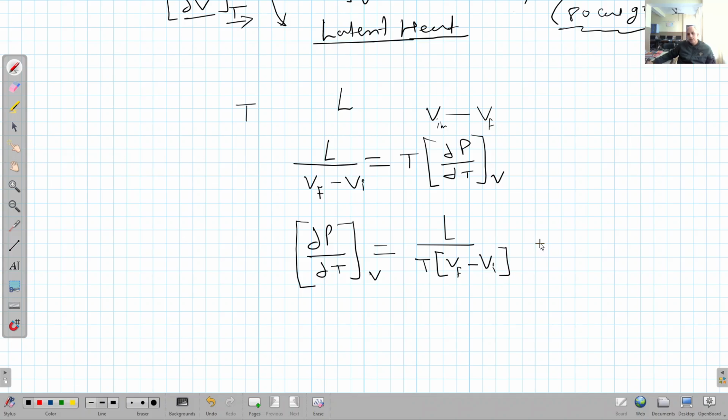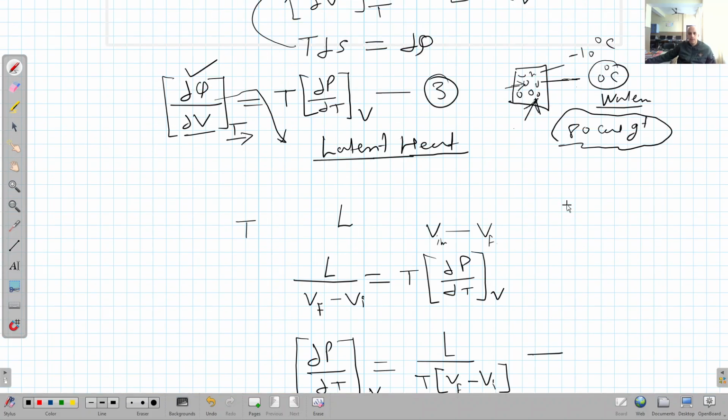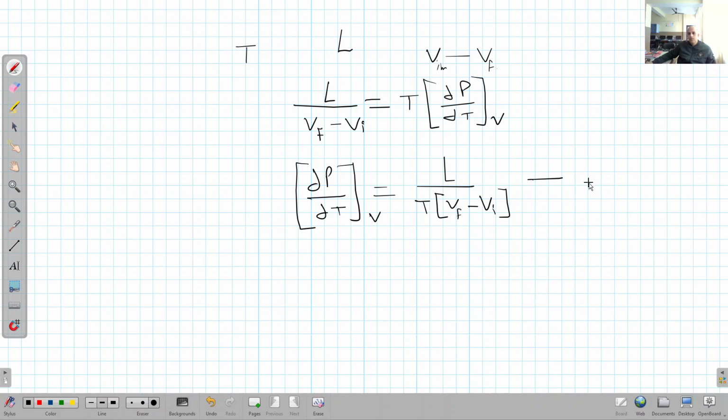Clear? This equation, I'm going to give the name equation number 4. Clear? Now this curly P upon curly T will become saturated, when we are considering this condition. So I'm going to replace V with the word saturated. Clear?